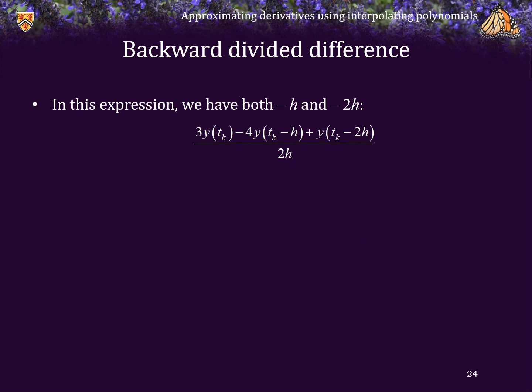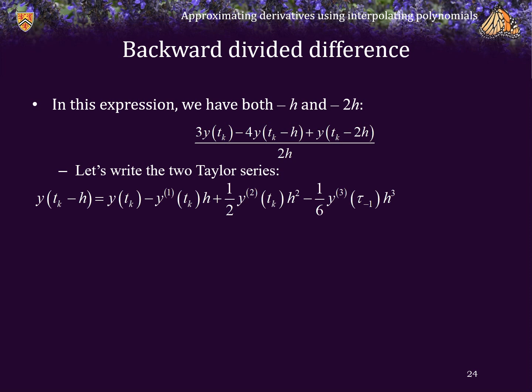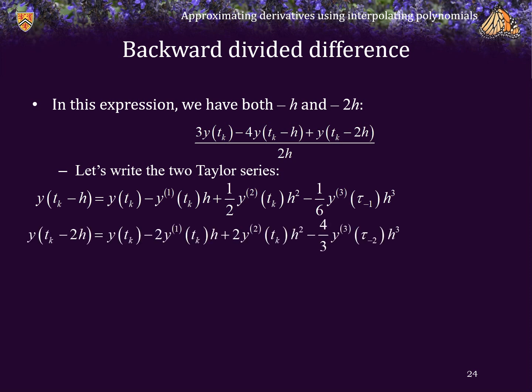All right, in the last approximation of the derivative, we had minus h and plus h. Here we have a term with minus h and another term with minus 2h. So let's write down these two Taylor series. There's the Taylor series for t sub k minus h and the Taylor series for t sub k minus 2h. Now, that formula above has negative 4 times y at t sub k minus h plus y at t sub k minus 2h.